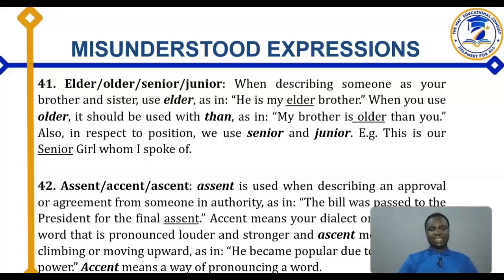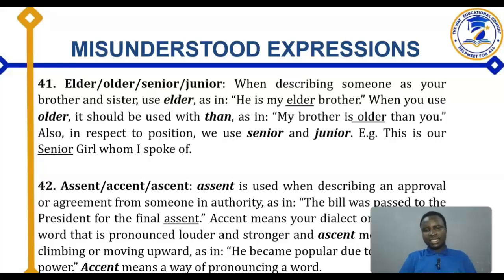Then accent. Take note of the pronunciation, where you have ACCENT. It means your dialect or the part of a word that is pronounced louder and stronger. That is maybe the stress pattern, and some use it to refer to the pronunciation of words. How do you pronounce certain words? So it is also called accent.